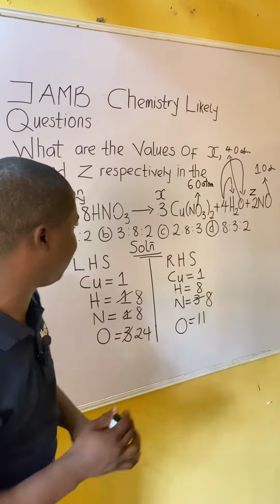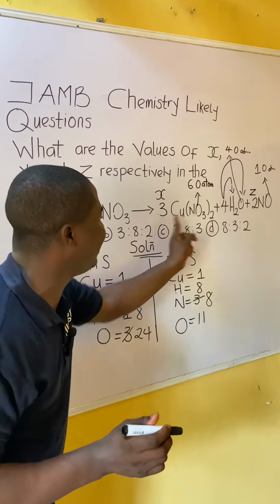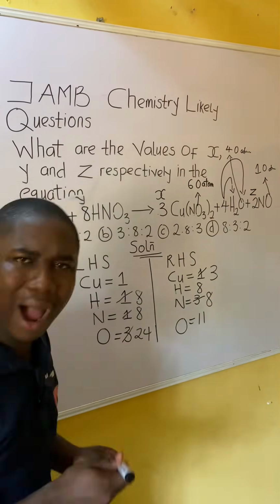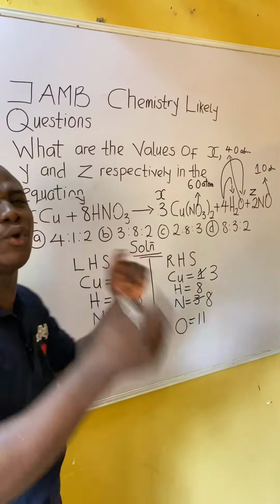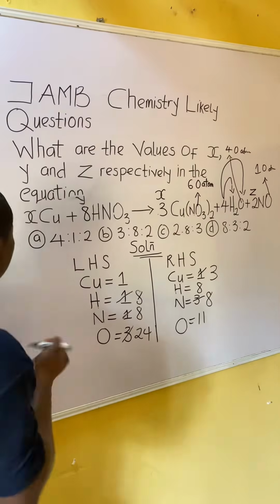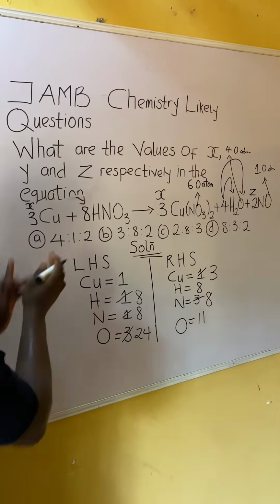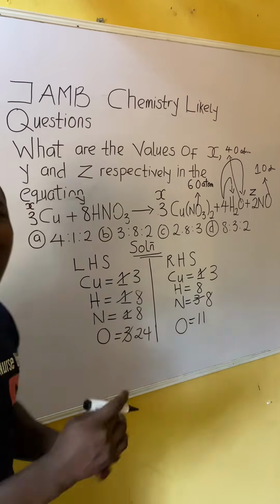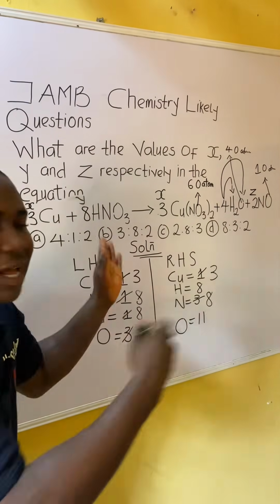So first of all, copper is now 3 on the right, while copper on the left is 1. What should I do to copper on the left to make sure that it's still 3? It's simple. Just remove this and put 3 here, because nothing is with copper alone. So here we have 3 copper. Do you understand what is happening? So let's analyze everything on the left and right again.